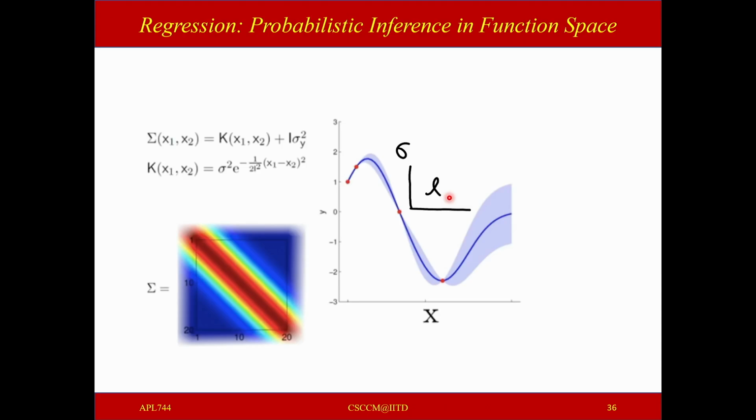What happens when x1 is equal to x2? x1 minus x2 becomes equal to 0, e to the power 0 becomes equal to 1, with sigma square I am ignoring, or taking sigma square equal to 1. What happens when x1 and x2 go far away? The difference increases, the negative exponent increases, so the exponential reduces, so the covariance reduces, right.